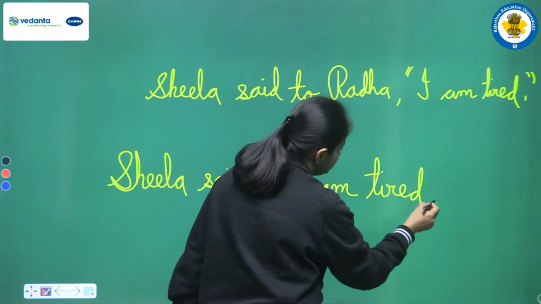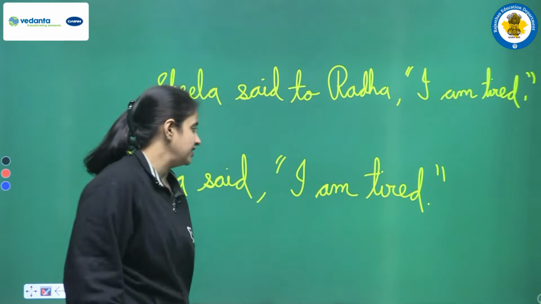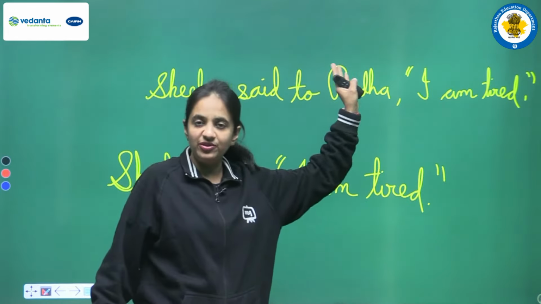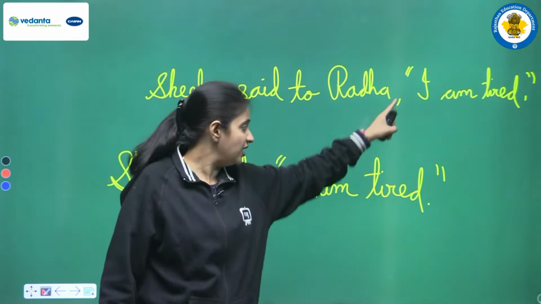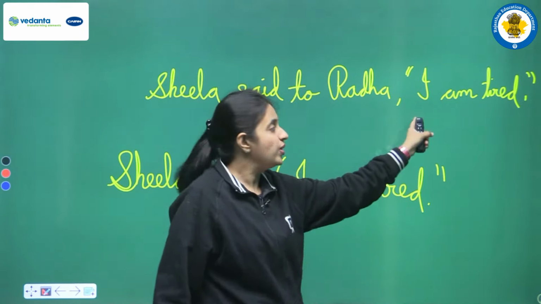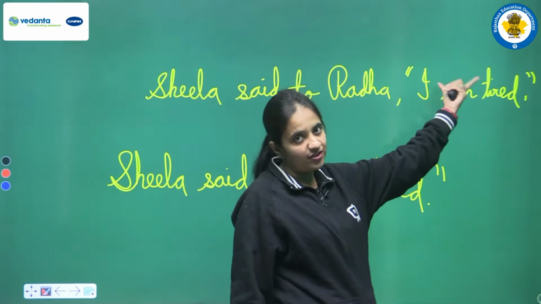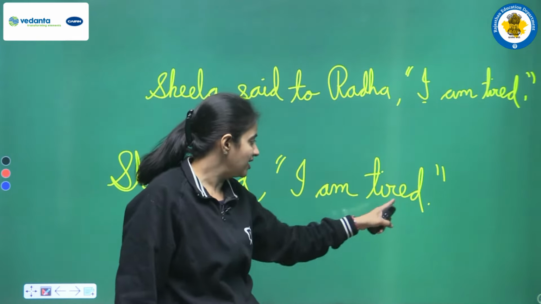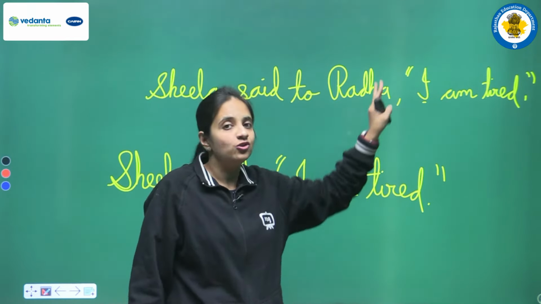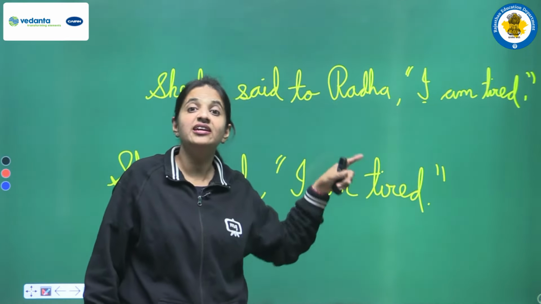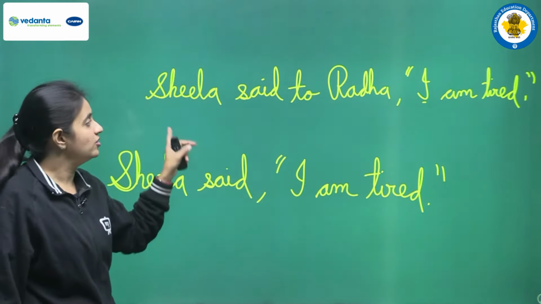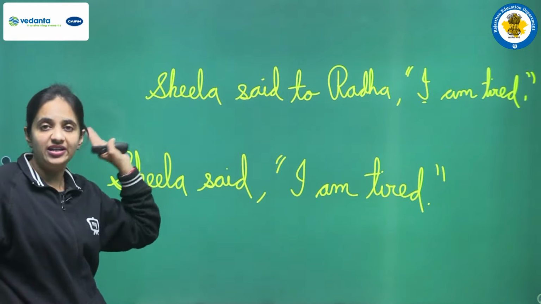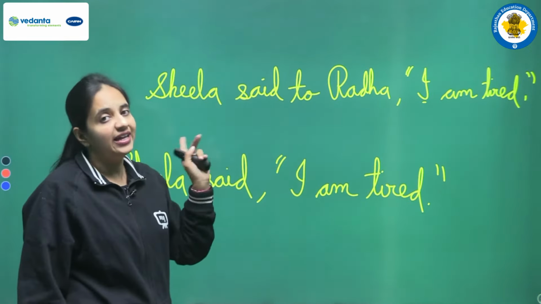Now just focus on both sentences. The part between the inverted commas is known as the reported speech, and this part is the same in both sentences. We have "I am tired" in the first sentence, and the same here. So no change in the reported speech. Now we are talking about the reporting verb, and we can observe that yes, there is a change.